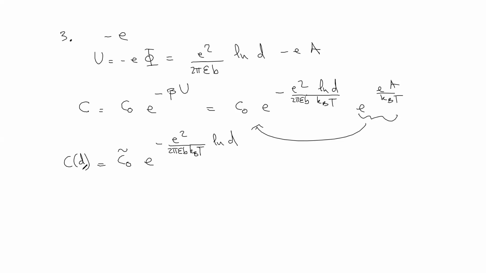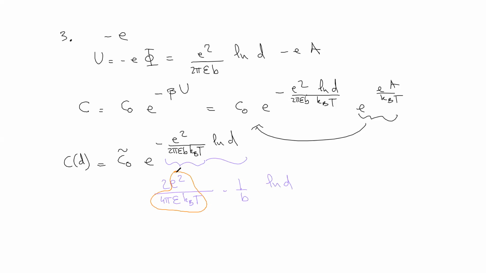Okay, so we can now work a bit on this quantity. First of all, I can notice that this could be rewritten the following way: 2 e squared over 4 pi epsilon kBT times 1 over b times log d. And so here we recognize something that you might already know.